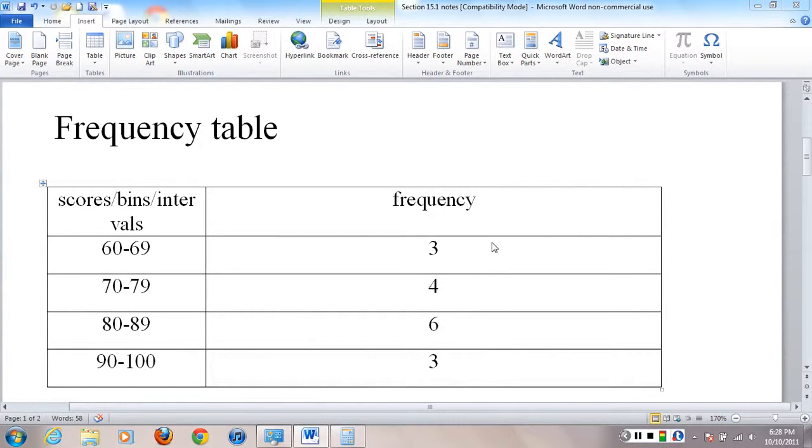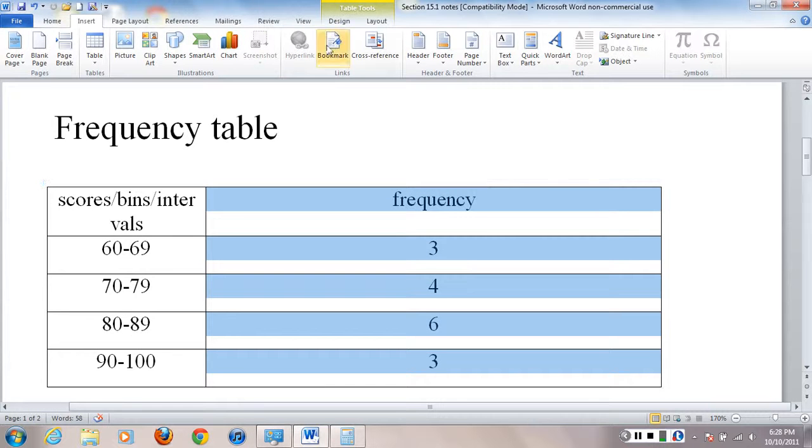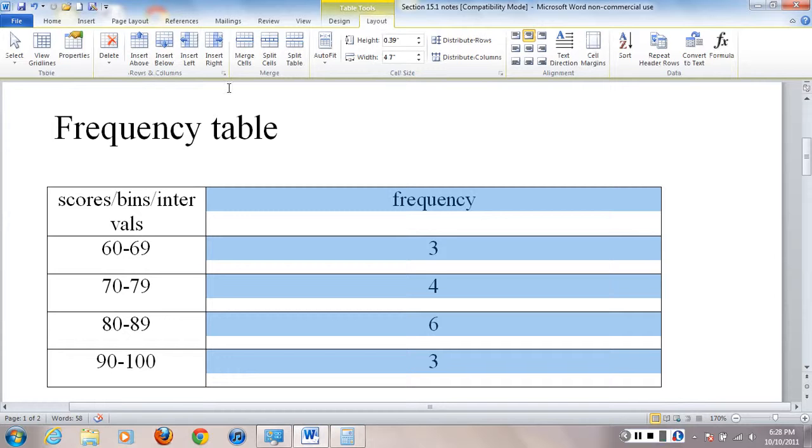Now, let's go back up to our frequency table. And I talked about relative frequency. Relative frequency stems from, again, the percentages of what we're looking at. So, in other words, let me make a new column here, and let's see how much Microsoft Word wants to cooperate with me.